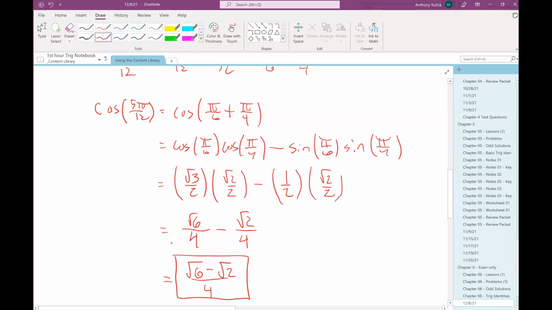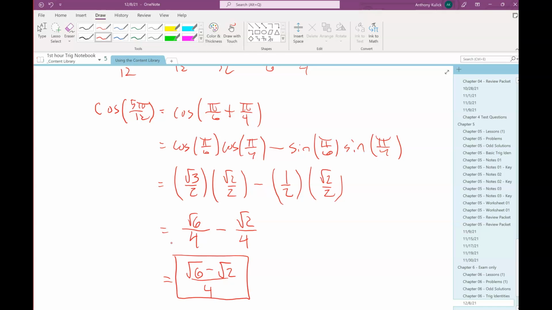If I were to convert 5 pi over 12 into degrees, you'd see that's going to be 75 degrees. So the fact that sine of 15 and cosine of 75 are the same value shouldn't be surprising, because 15 and 75 are complementary.